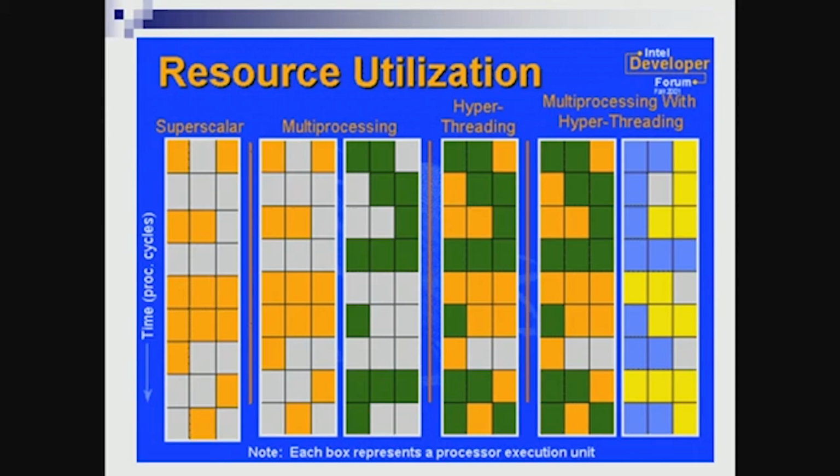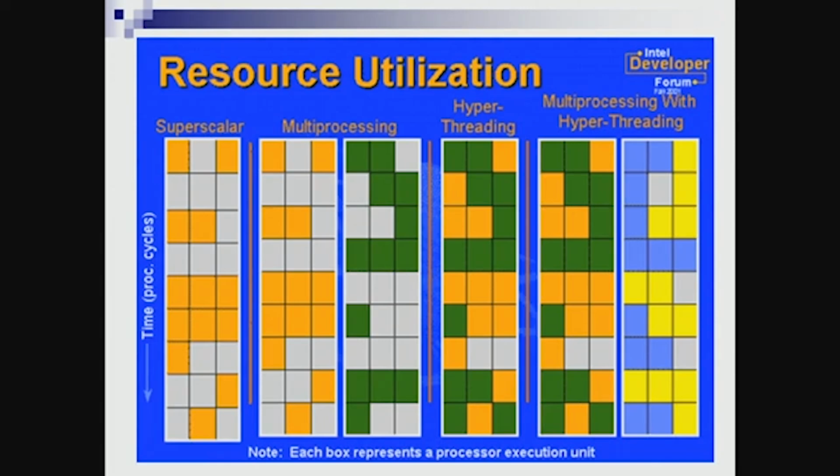So this is two cores, one running a yellow process, another running a green process. In the superscalar on the leftmost, you can't run the green process while your yellow process is executing. If I have multi-core, multi-CPU, I can run both.